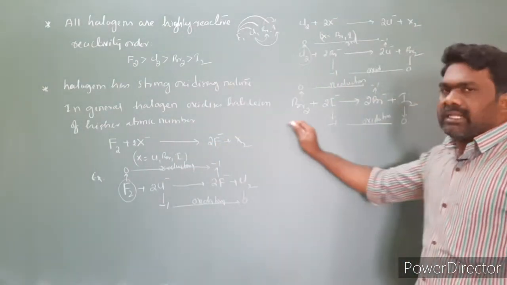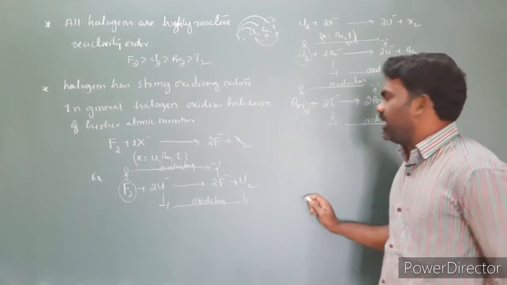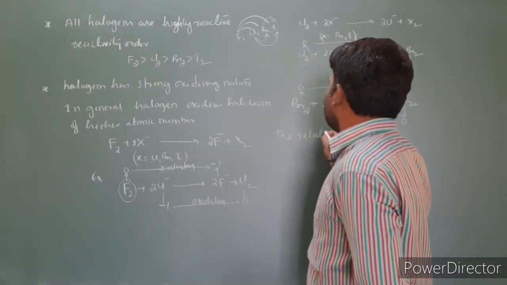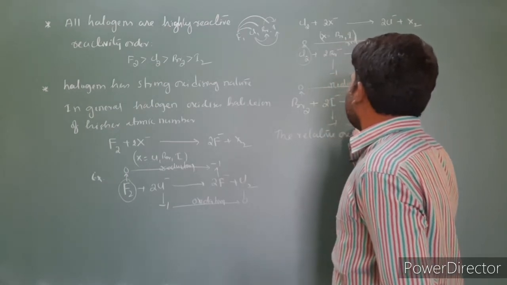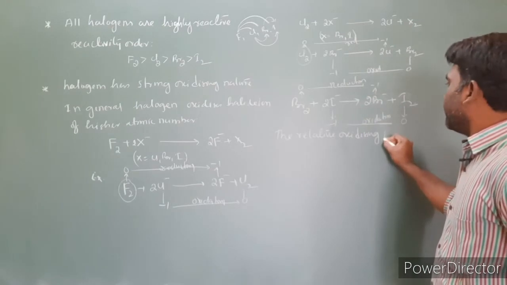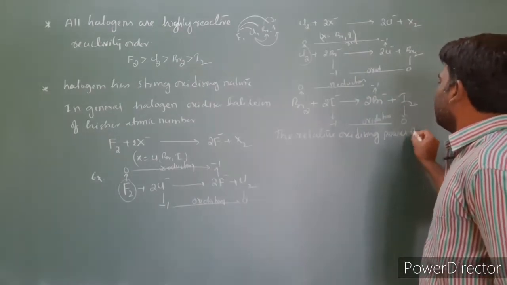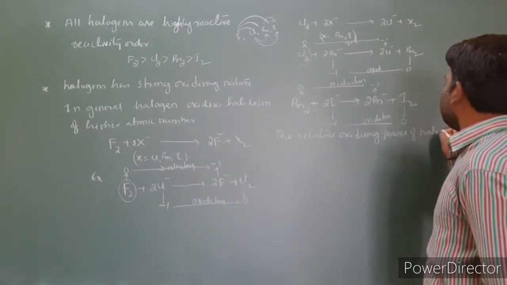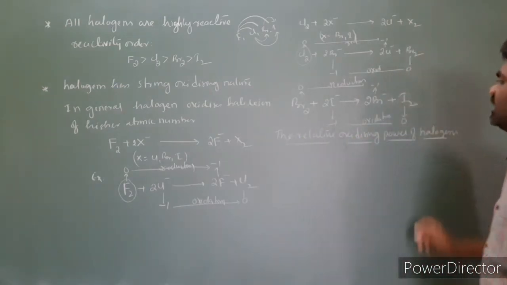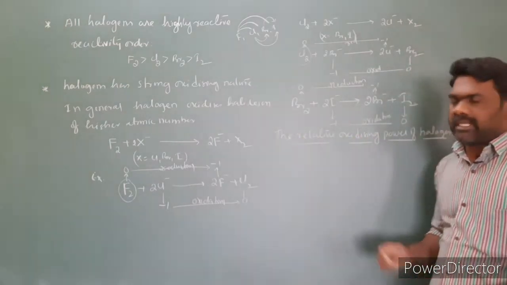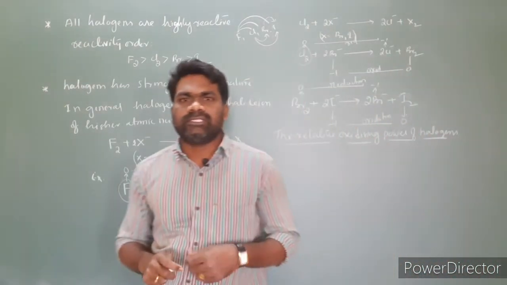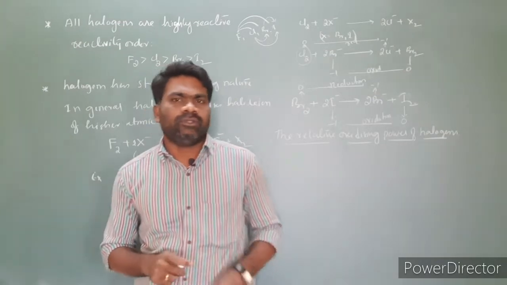Next, the relative oxidizing power of halogens. The relative oxidizing power of halogens can be explained by the reaction with water.